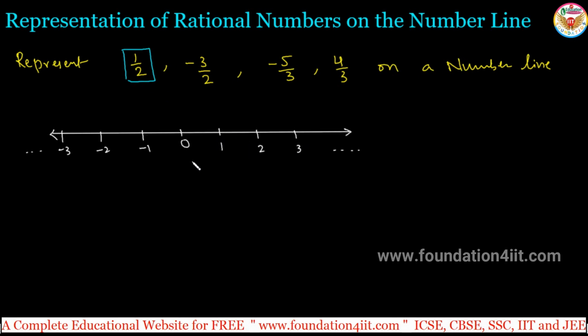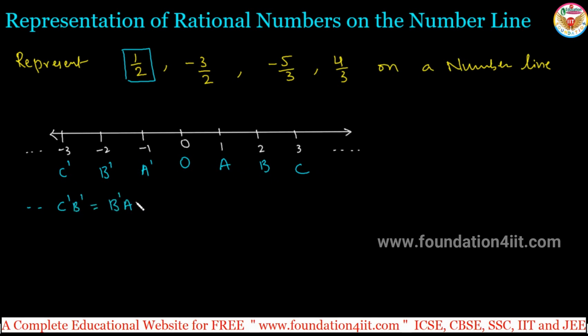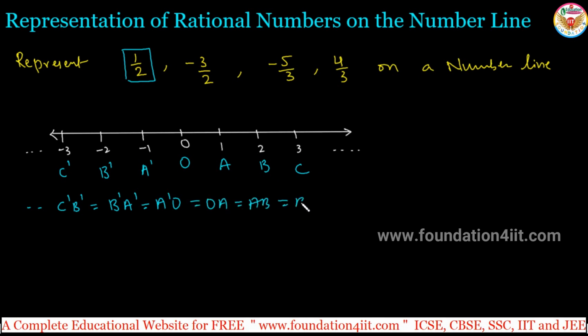Let this be O and A, B, C and so on, and this be A dash, B dash, C dash and so on. That means C dash to B dash equals B dash to A dash equals A dash to O, that equals OA, and AB equals BC, and so on. That means the distance between every pair of integer points is equal.